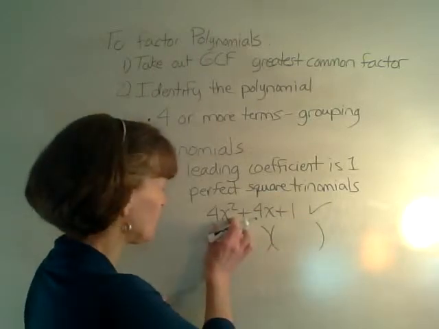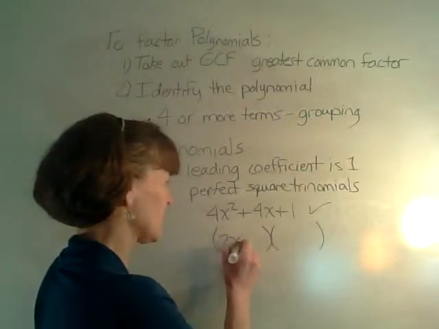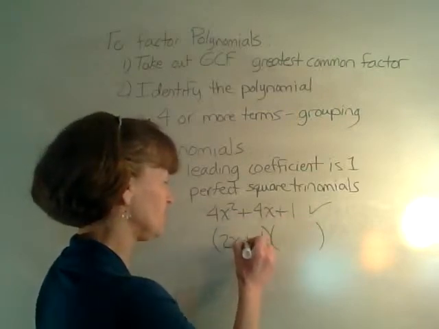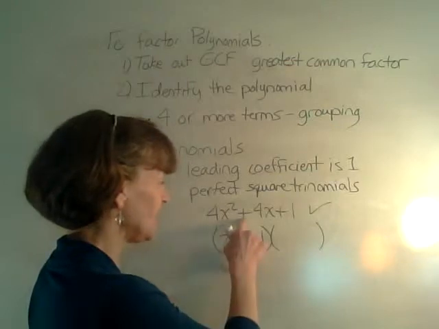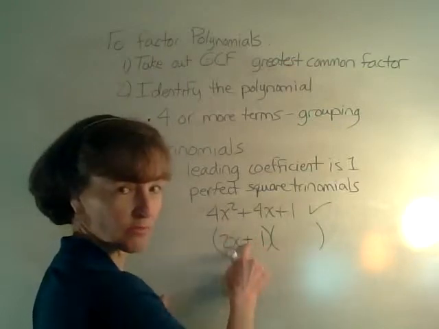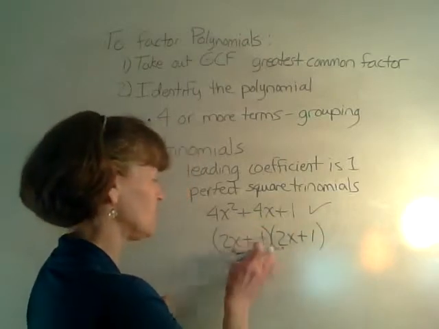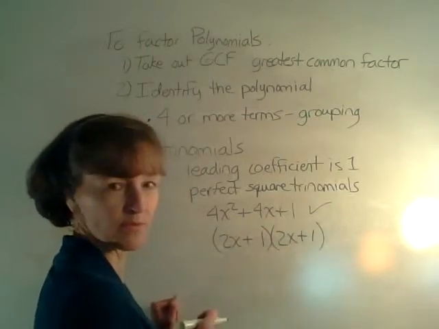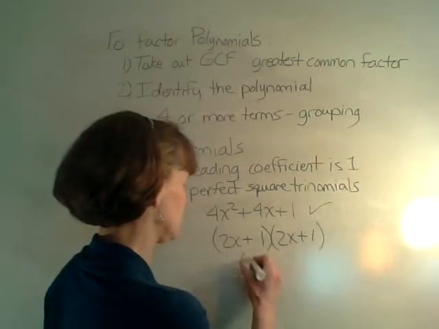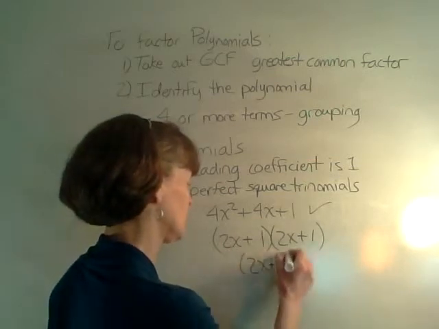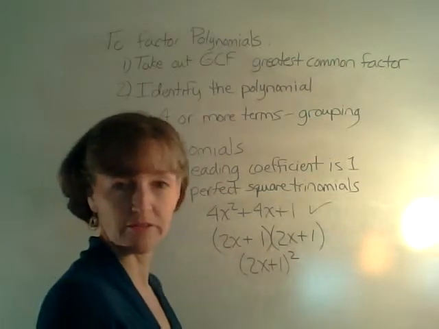So the square root of 4x squared is 2x, and the square root of 1 is 1. And they're going to have the same sign as the middle term. So this one factors to 2x plus 1 times 2x plus 1. You could write it this way, 2x plus 1 squared, because you have 2 of them.